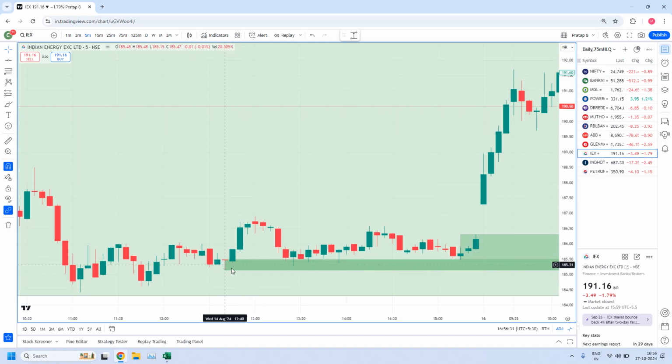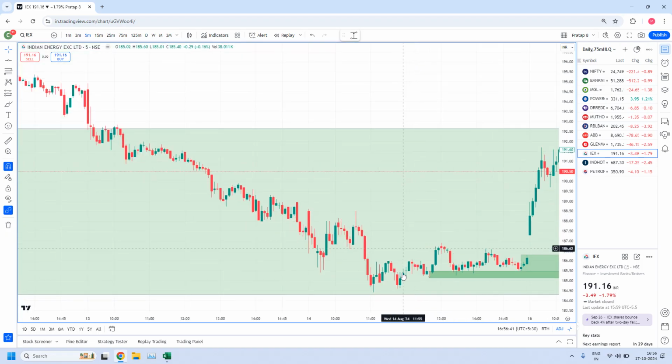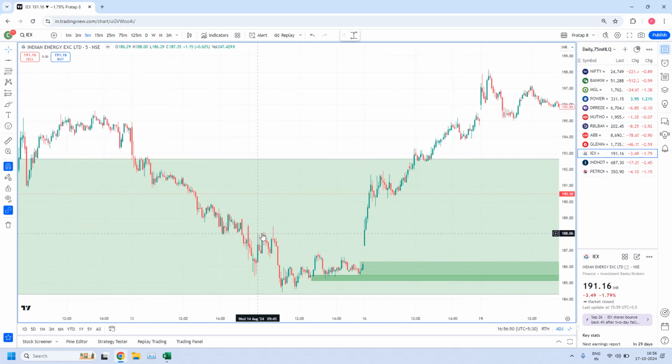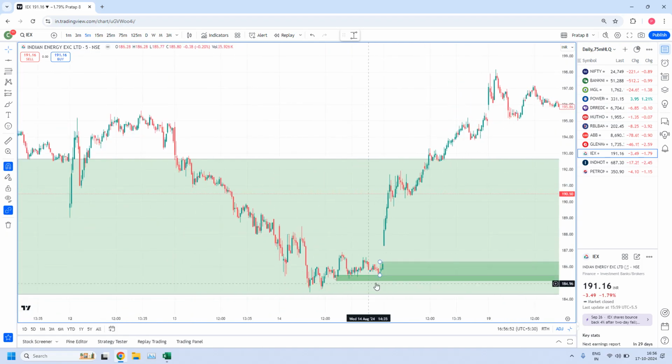Because this 5-minute zone is the origin for this 15-minute zone. Definitely there is a strong underflow that institutions kept. Many times such zones have given very good trades for us. So by considering all these factors, I thought this could be a very good zone.